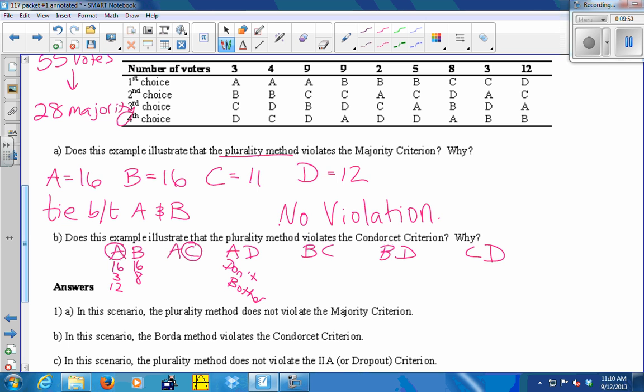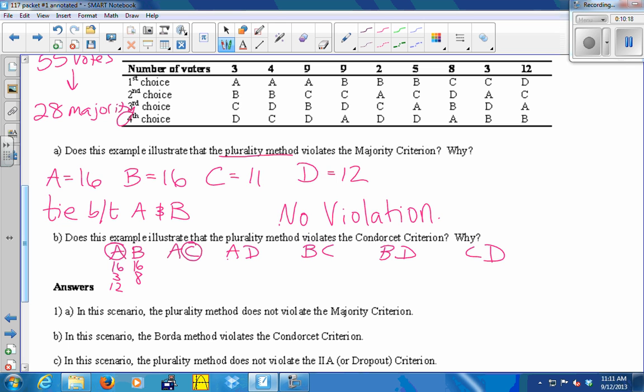I'm not doing the whole pairwise comparisons method. So A is not undefeated. C has a chance at being undefeated. So let's do C's other matchups here. B has no chance. I guess D could have a chance. So maybe we might come back to this if we have to.